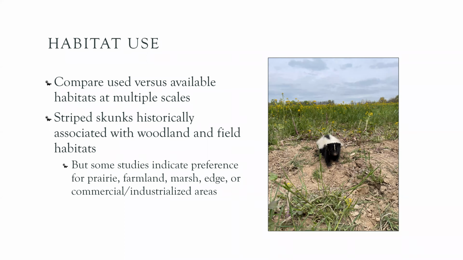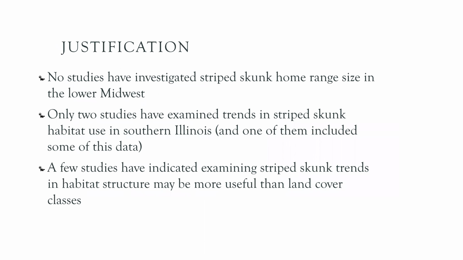And so more studies have indicated preferences for prairie and farmland and marsh and edge and industrial areas, and basically you name the cover type and they've been associated with it. So really that just cements this idea that this is a very generalist mesocarnivore that can persist in many different types of habitats and uses many different food sources.